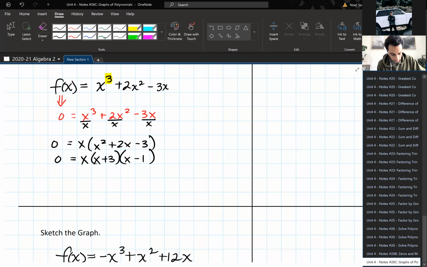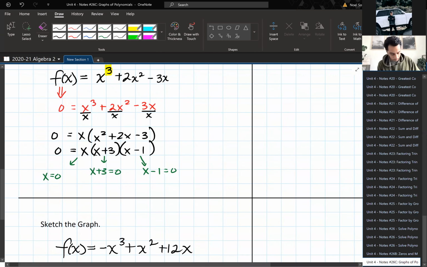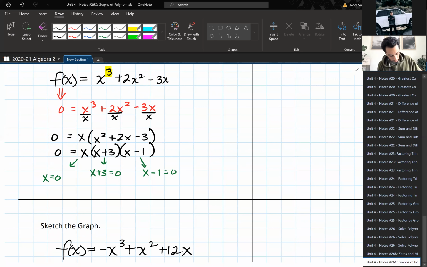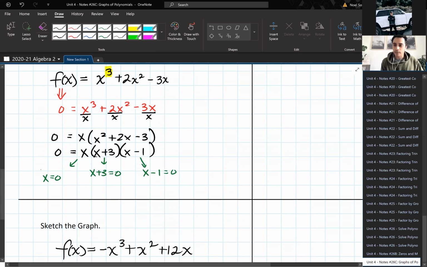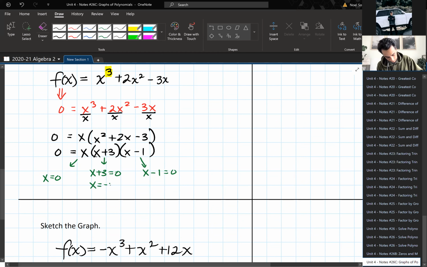All right, so now we get to split this up. x equals 0, x plus 3 equals 0, x minus 1 equals 0. What do we know about the multiplicities of each one of these solutions? We can solve. This one will be -3.